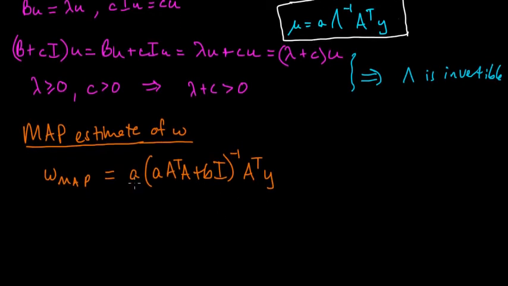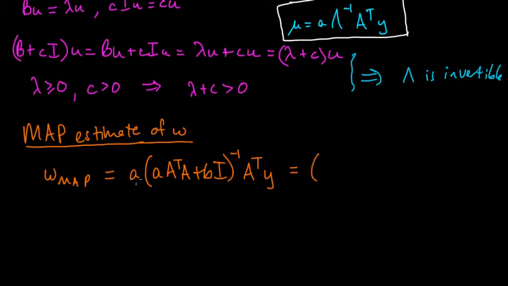Now let's simplify this a little bit. Let's move the constant inside. If we move a constant inside a matrix inverse, it just becomes 1 over that on the inside. That's a little fact you can check if you want.